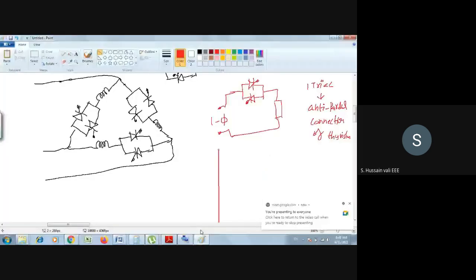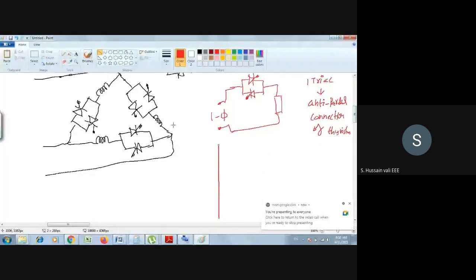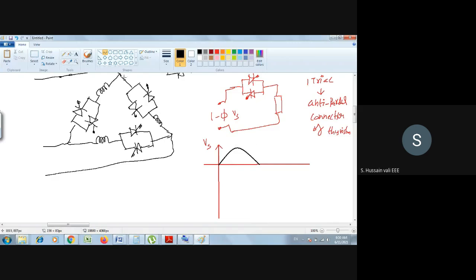Now you see, here is your supply voltage Vs. Now assume that the firing angle is alpha, and alpha is here.